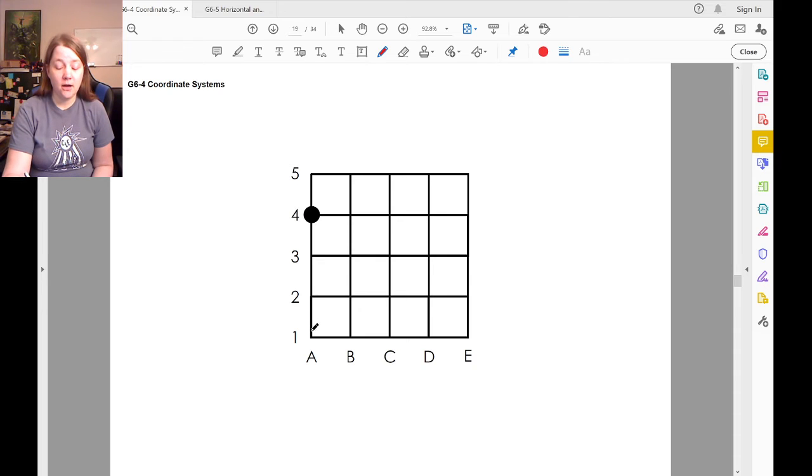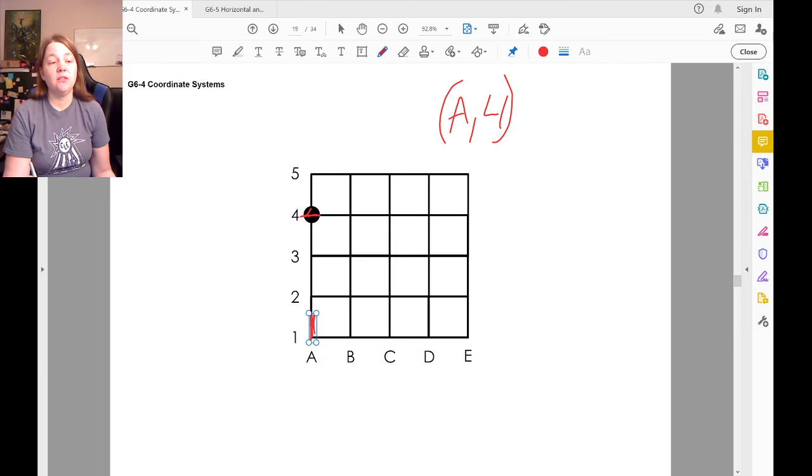Here, now the A is at the line, and the 4 is at the line. So this point would be A4. This, with the numbers and the letters being at the line, is how you're normally going to see coordinate points and how you're normally going to see grids set up.